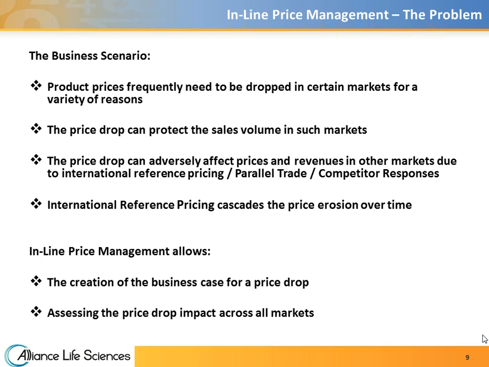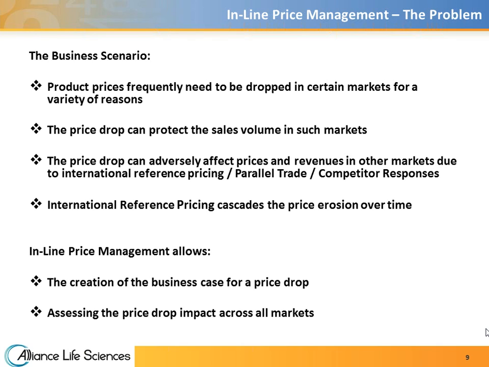Now, when you look at the real-life situation that you face, product prices are constantly under pressure, particularly in some of these markets, unlike the U.S. market, for example, where there are legislatively mandated price changes. There are, in rare cases, competitors where you have to drop your prices.